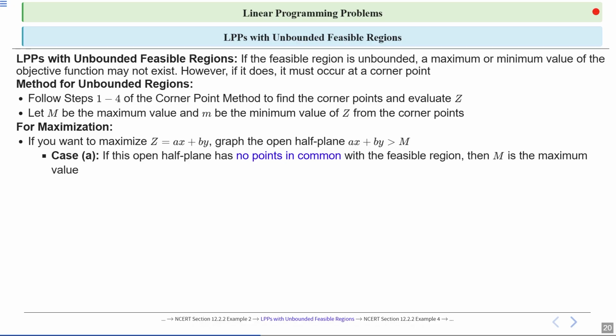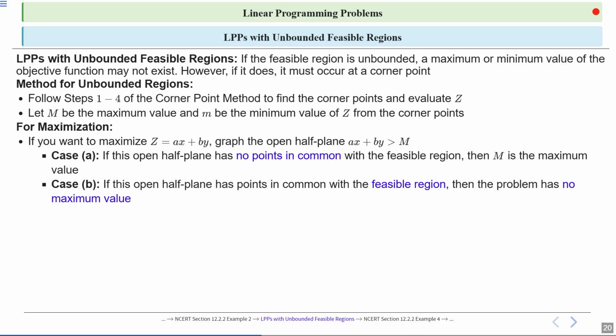Case A, if this open half plane has no points in common with the feasible region, then M is the maximum value. Case B, if this open half plane has points in common with the feasible region, then the problem has no maximum value.